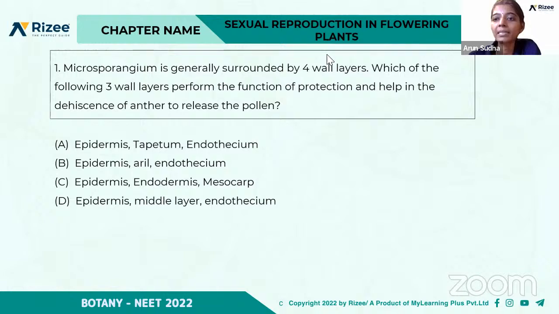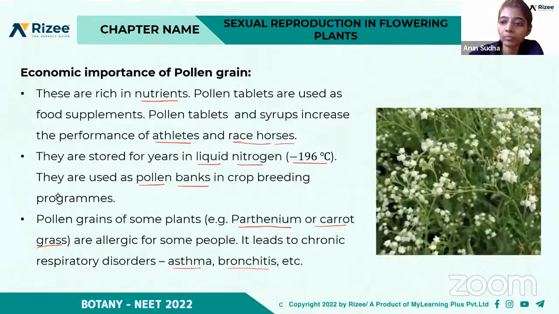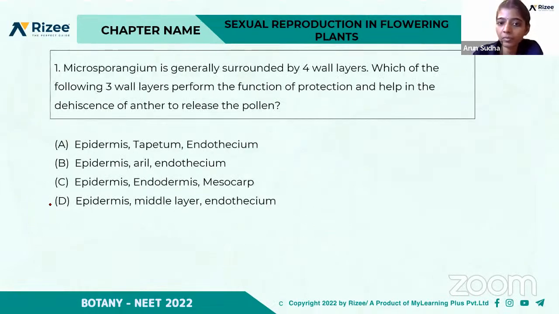Yes, D is the right answer because these 3 layers are the outer layers, right? Epidermis, middle layer and endothecium. These 3 are the outer layers which are involved in protection.